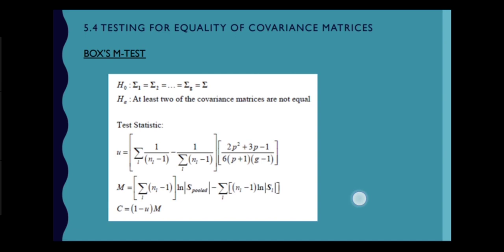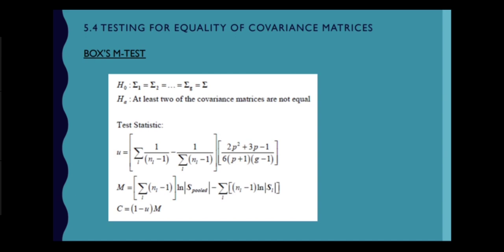So it is the S_l. Okay, find the determinant, then take the ln of the value, and then multiply by n minus 1 for the corresponding population. Then you need to do that for each of the sample populations, and then you sum up to get M.